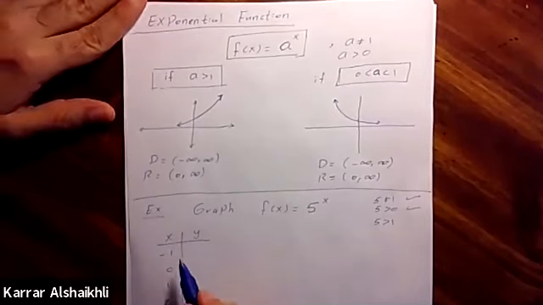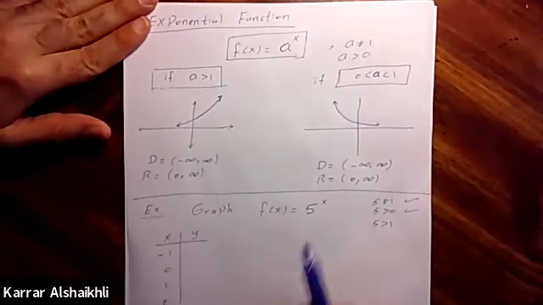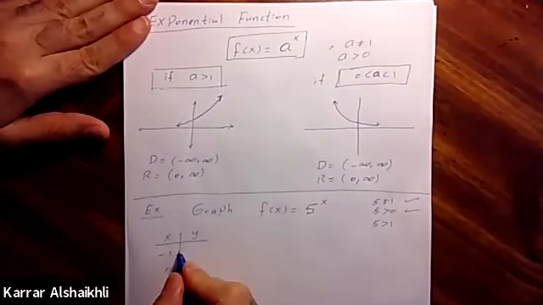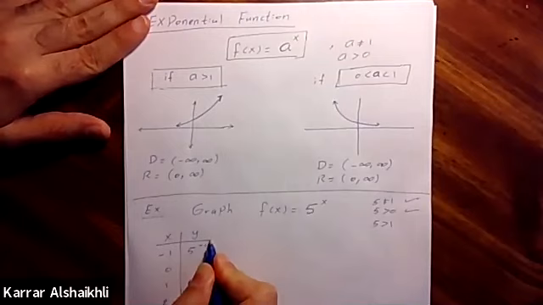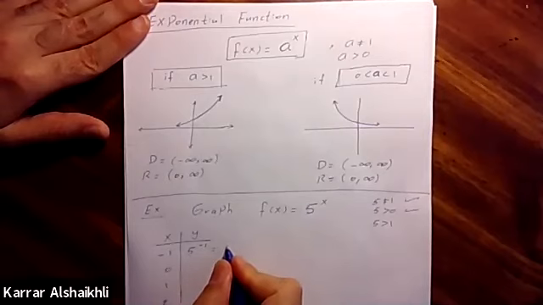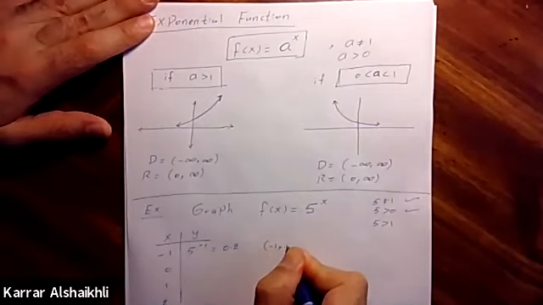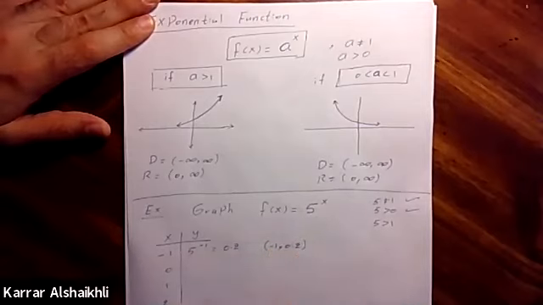Now, to find the y value, we have to plug in -1 here. So it's going to be 5 to the exponent -1. If you use the calculator, it's going to be 1/5, which is 0.2. That means the first point is -1 and 0.2.